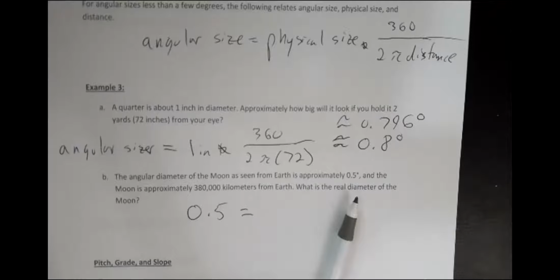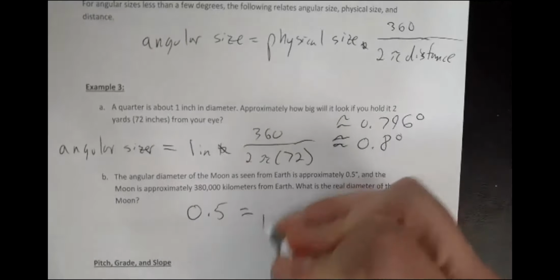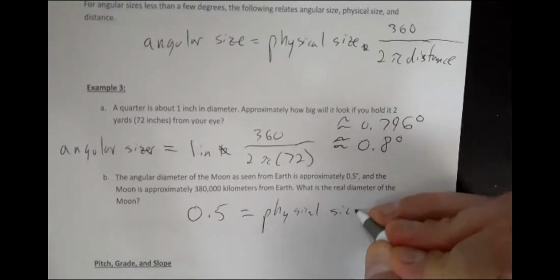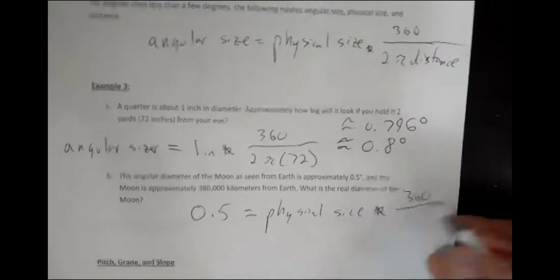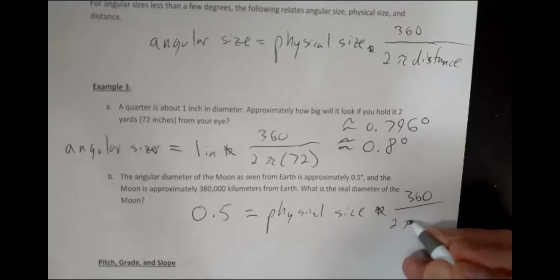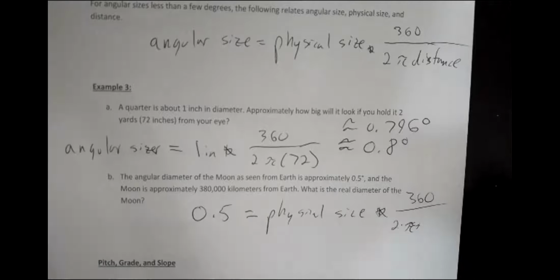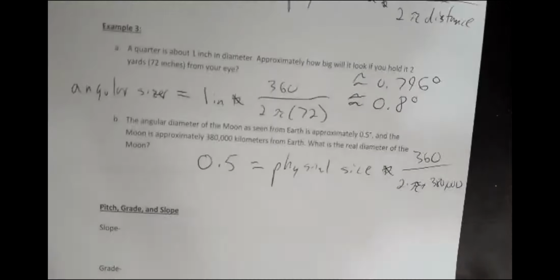So the real diameter would indicate that we're talking about the physical size of the moon. And so we don't know the physical size, but I know everything else. This is 360, this is 2 pi. And over on the right, multiplying this by 380,000.